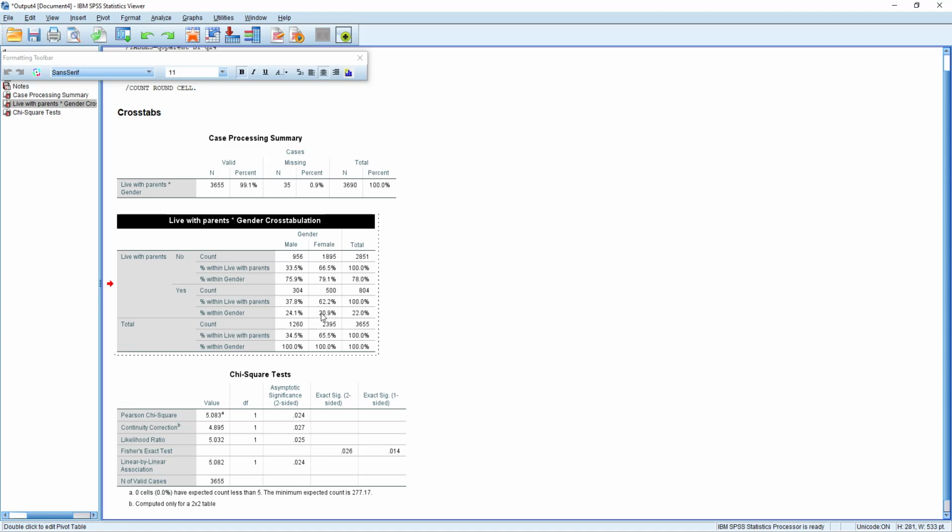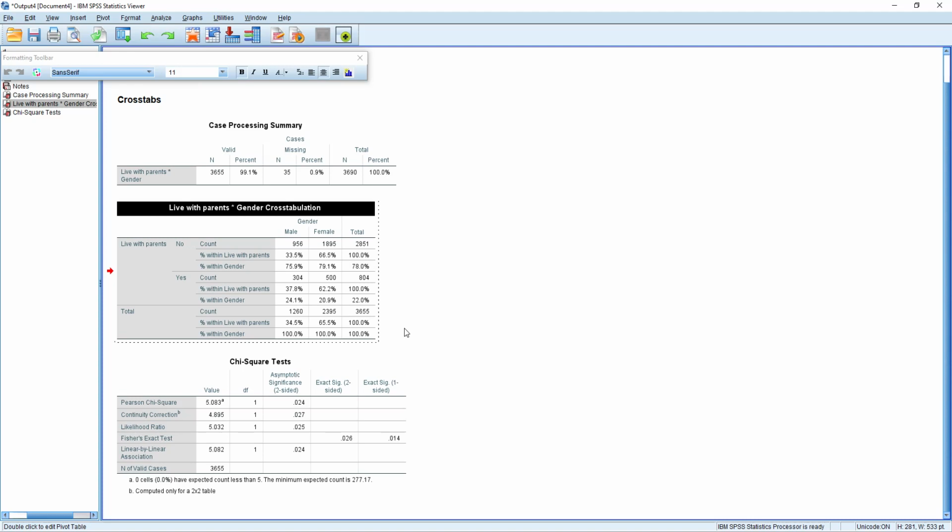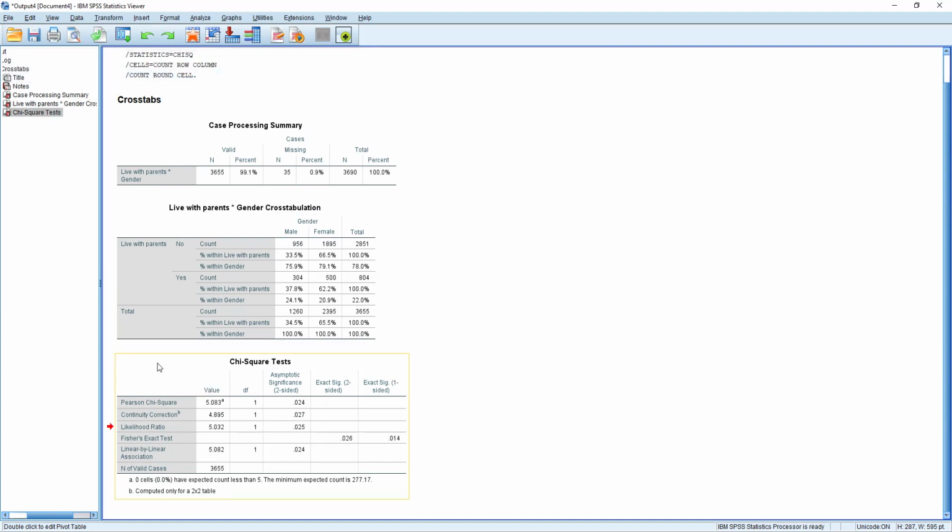So overall, this suggests that there probably is a relationship between gender and whether you're living with your parents or not. And this is what the chi-squared test does for us. You don't have to calculate the chi-squared test. SPSS does it for you.